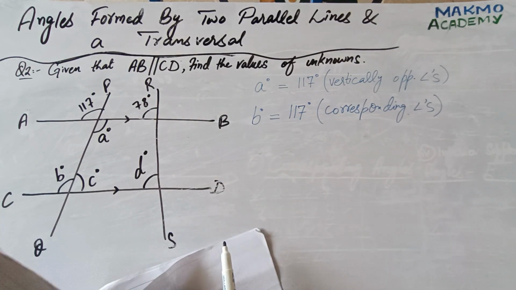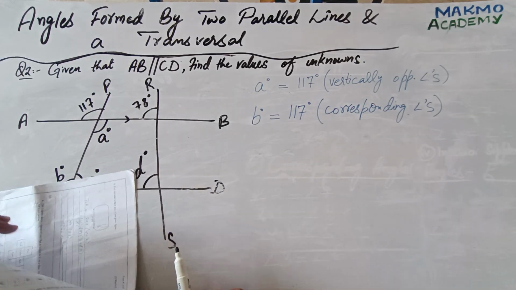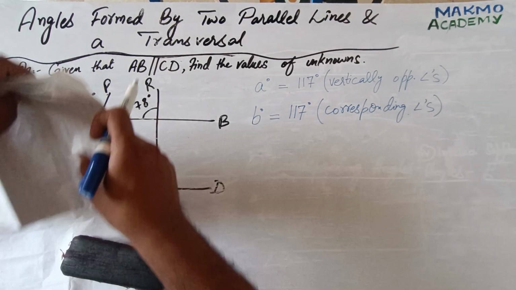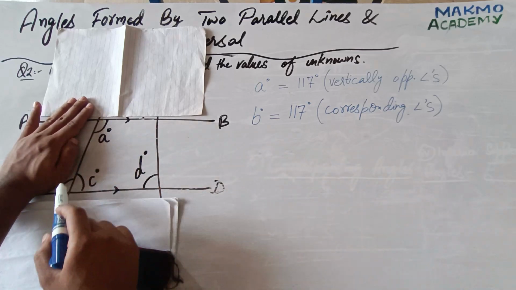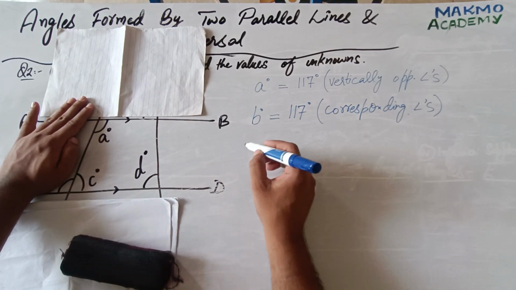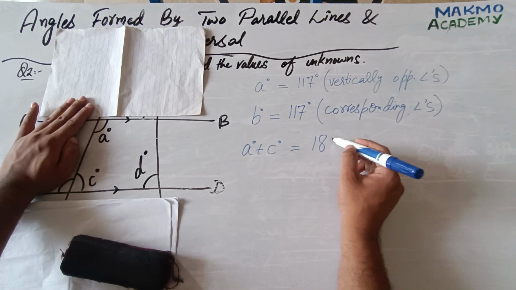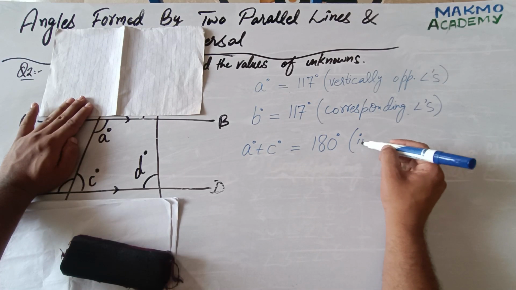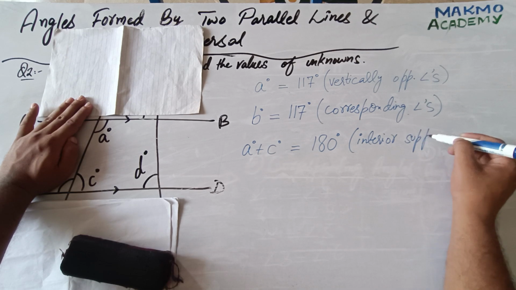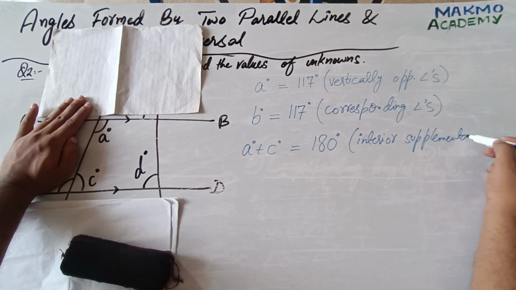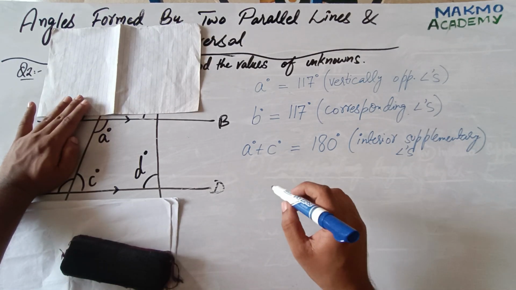Now only one angle is left over, which is C. Again, can you see a C over here? Yes. So A plus C is equal to 180 degrees, interior supplementary angles. We have given the reference.